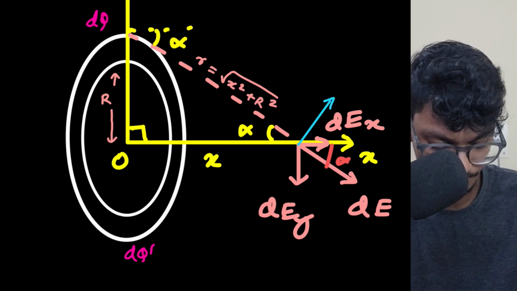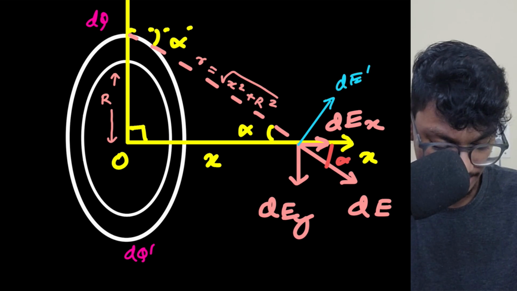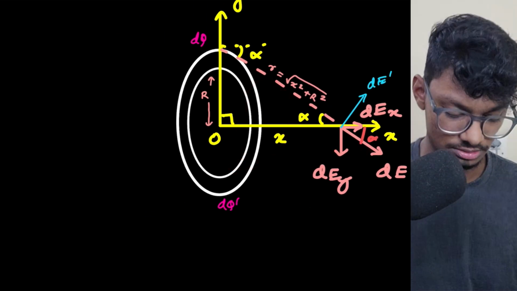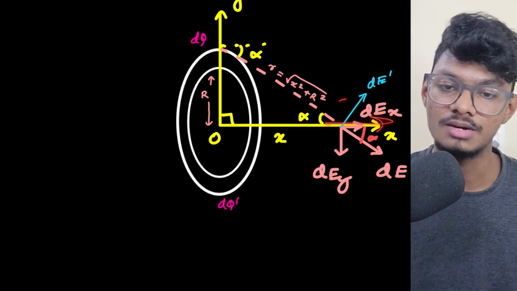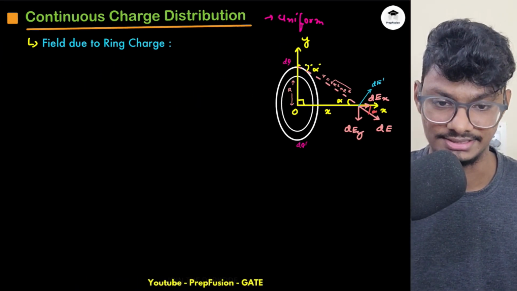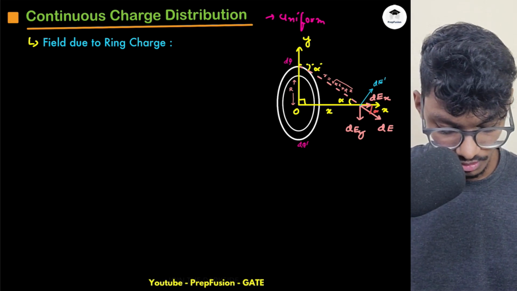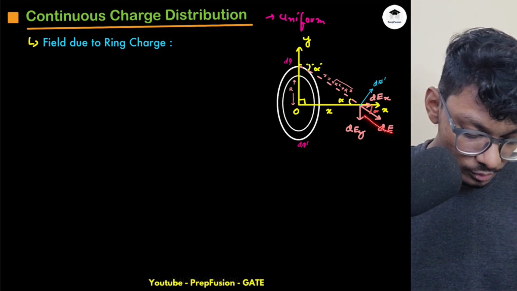This is symmetrical, so the y component will get cancelled, only the x component will be remaining, along the x axis. So what is the electric field dE due to this small charge?